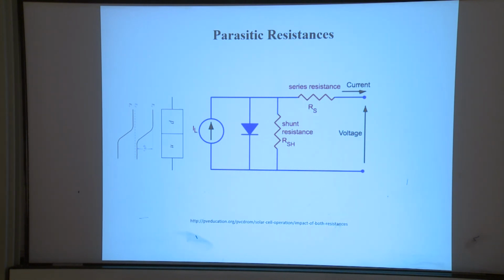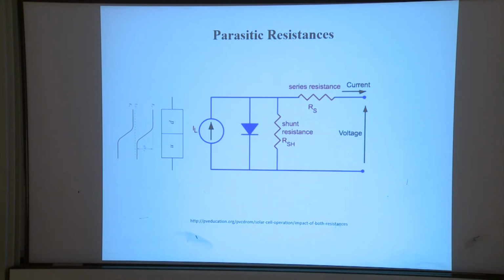Yes, as big as possible. Otherwise, all the generated current will go through this path without going out, without giving output. So we want our solar cell to be made without any leakage pathways. So it's very important to do the packaging and the processing.